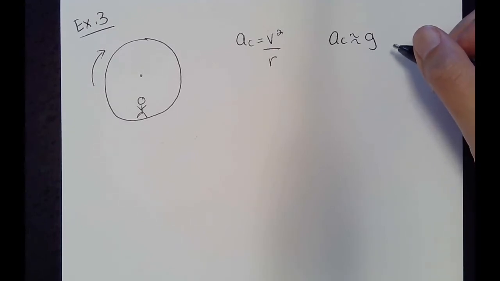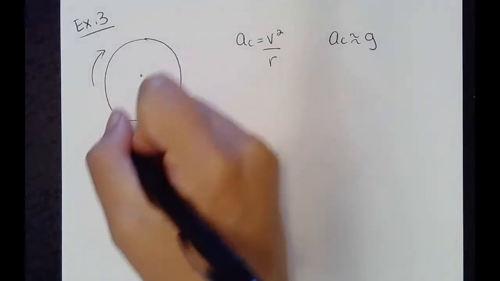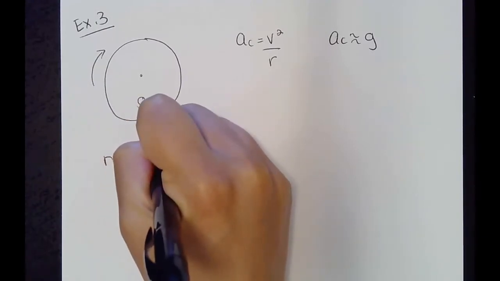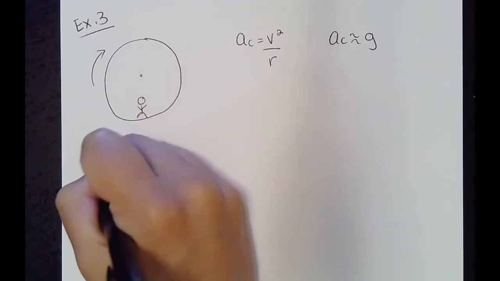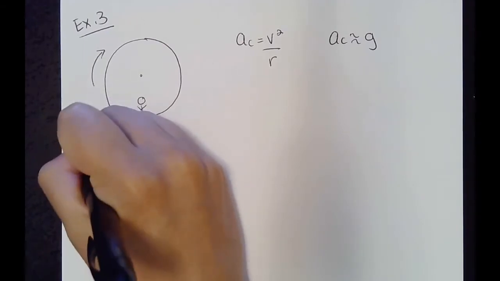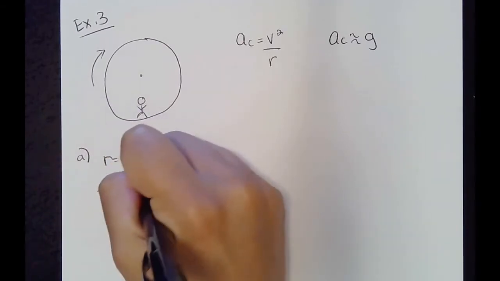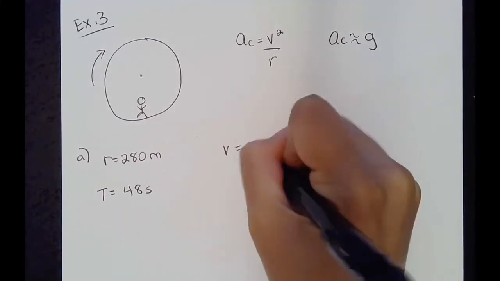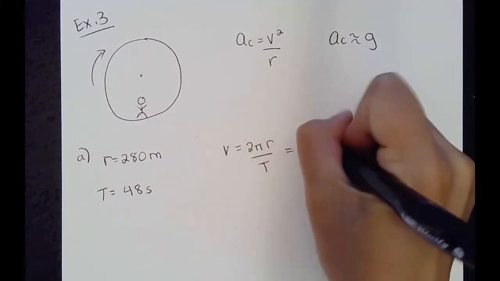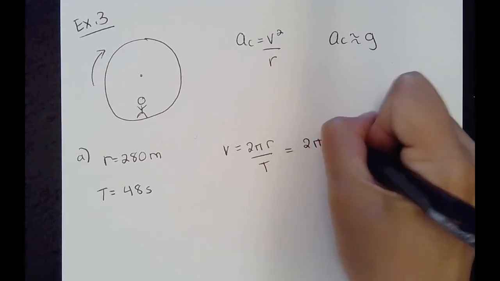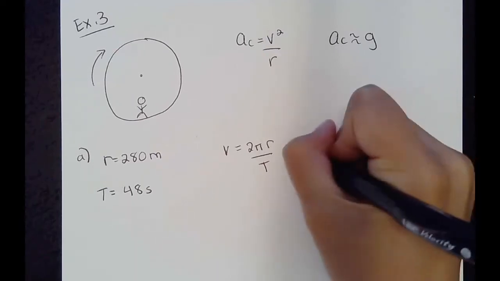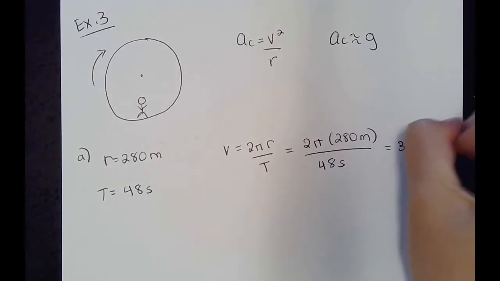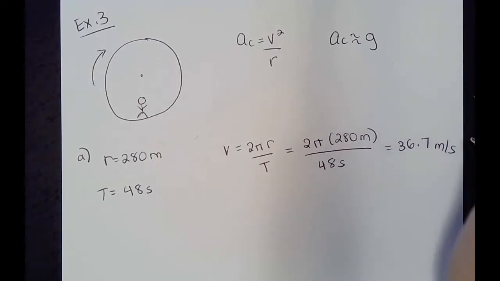All right, so let's look at A. Here we have a radius of 280 meters, which is 560 over 2, and a period of 48 seconds. So the speed is 2 pi r over the period: 2 pi times 280 meters over 48 seconds is 36.7 meters per second.